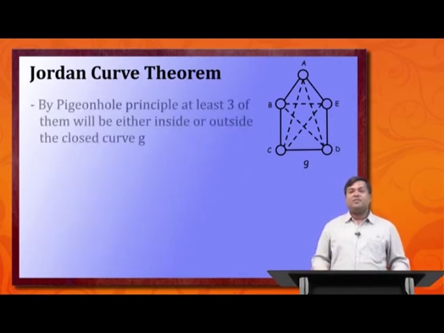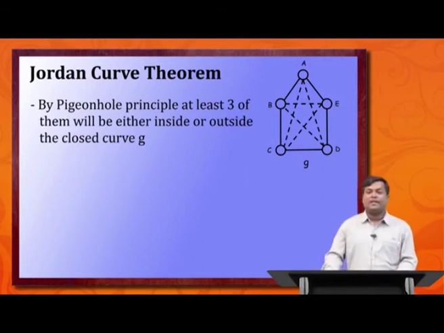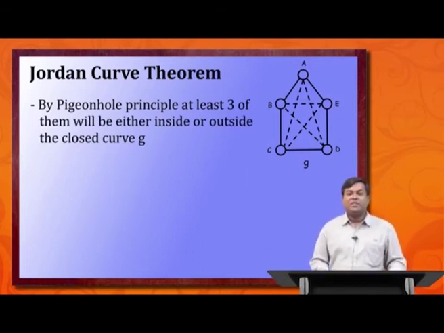Now, by the pigeonhole principle, out of these 5 dotted edges, at least 3 of them will be either inside or outside the closed curve. That is very obvious, because if we have 5 different balls and 2 different pockets, then definitely one of the pockets will contain at least 3 balls.